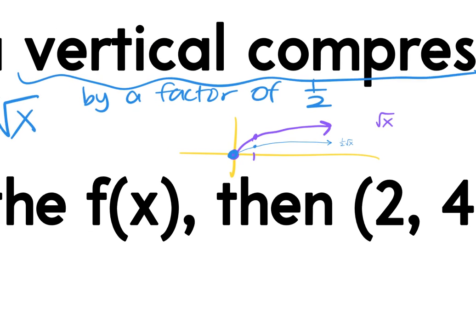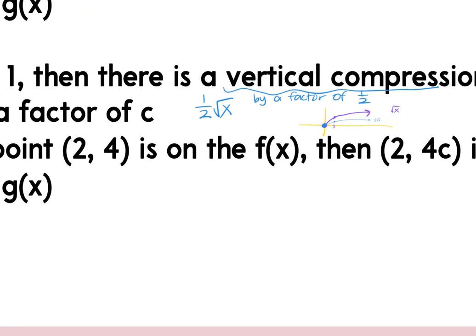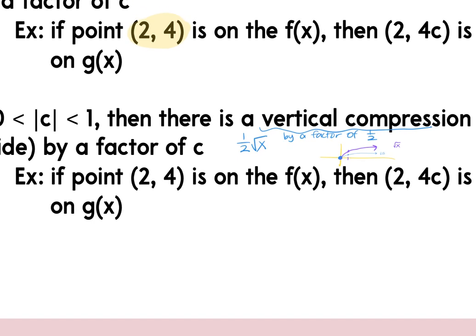So it's been compressed by a factor of 1/2, or dilated by a factor of 1/2. So if I had coordinate points, and it started as 2, 4, and then whatever my value of c is, I would just multiply it by the 4. For a vertical compression, we're changing the y.